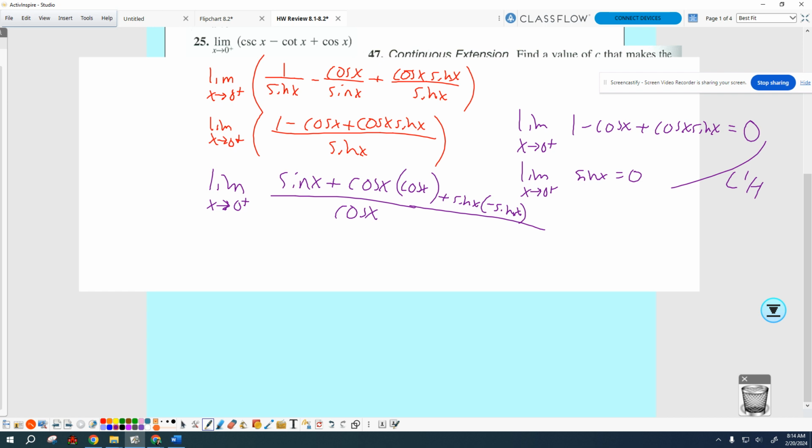Well, now, if I plug in 0, the denominator is now 1. Plugging into the numerator, sine of 0 is 0. Cosine of 0, 1 times 1, and 0 times 0 over 1. Looks like 1.